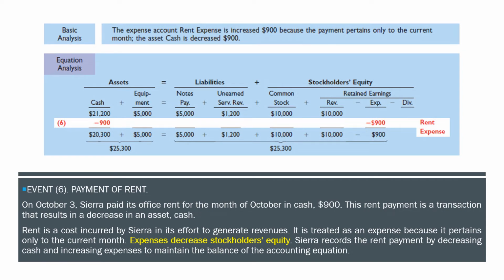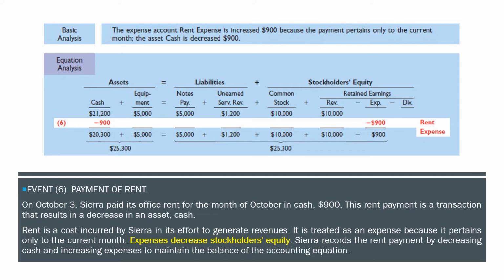Okay, so event 6, payment of rent. On October 3rd, we pay its office rent for the month in cash, $900. The rent payment is a transaction that results in a decrease in the asset cash. Rent is a cost incurred by Sierra in its effort to generate revenues.